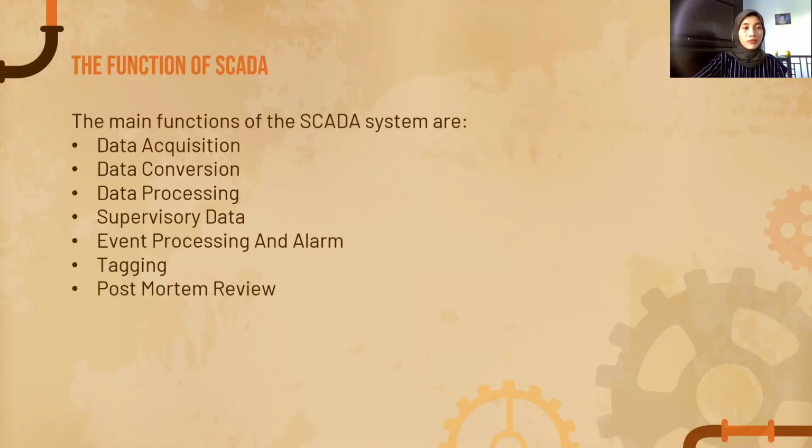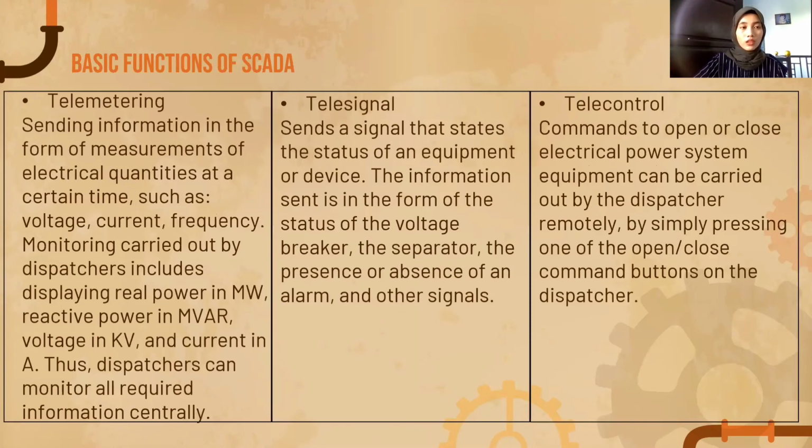Next is the function of SCADA. The main functions of the SCADA system are data acquisition, data conversion, data processing, supervisory data, event processing and alarm, tagging, and post-mortem review. The next is basic function of SCADA. 1. Telemetry.